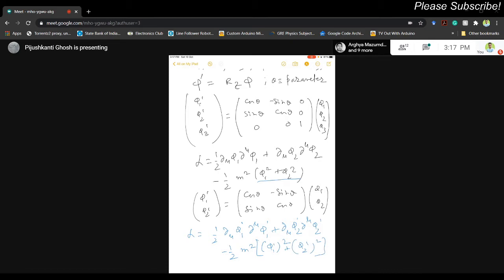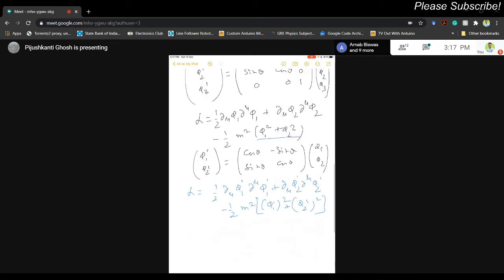You can do this at home. After the transformation you will get the same form, so it has form invariance, so that means this is invariant under this transformation.